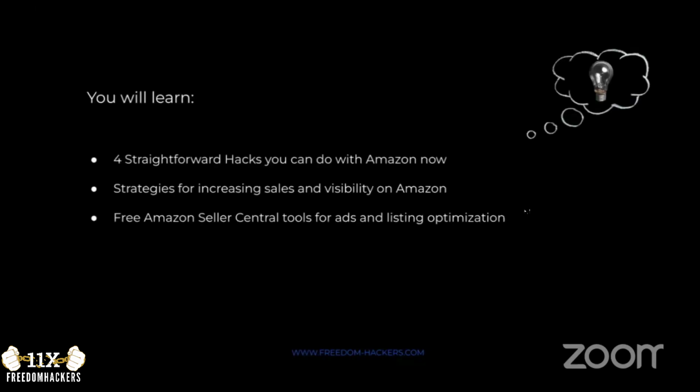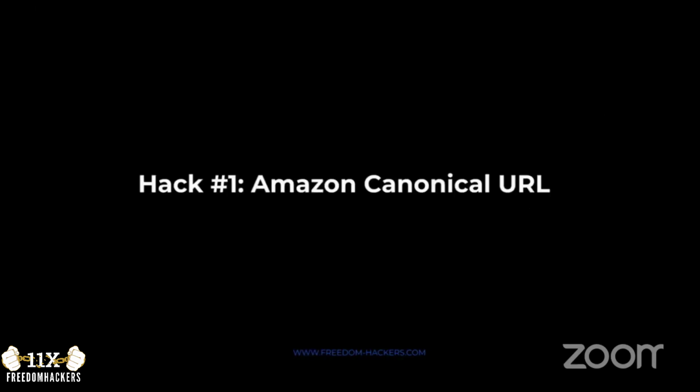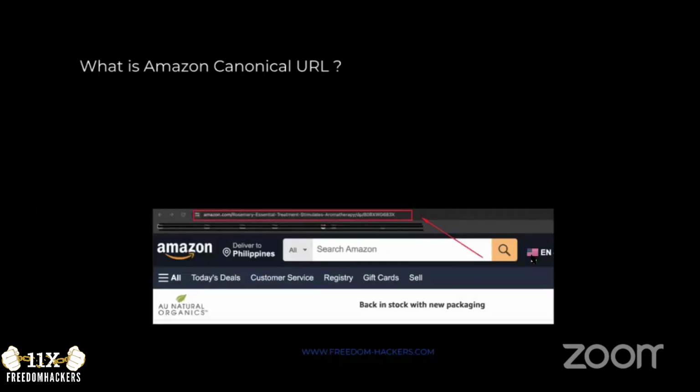So one thing is about these URLs. Of course, there are many different types of URLs, and one of these is the canonical URL. What matters here is that it's set for the keywords that actually matter.